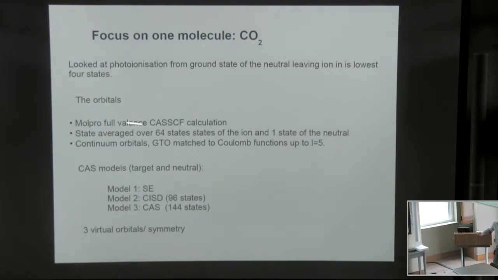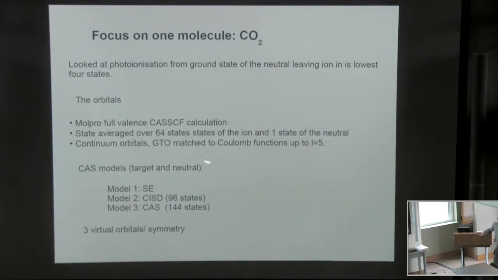We made target orbitals by doing a Molpro full valence CASSCF calculation, which we then state averaged over 64 states of the ion and one state of the neutral, the ground state of the neutral. And continuum orbitals were constructed in the normal fashion by matching to Coulomb functions, and we included up to the fifth, n equals 5, partial wave.